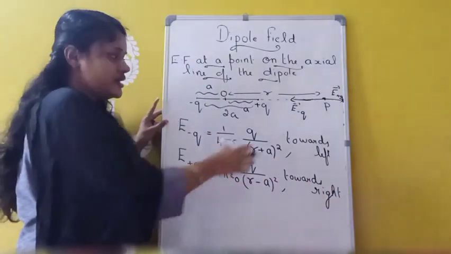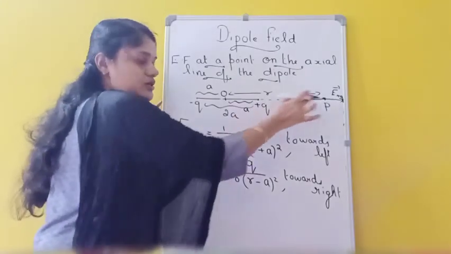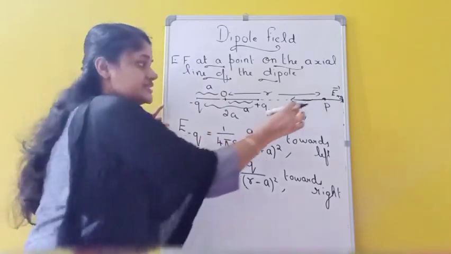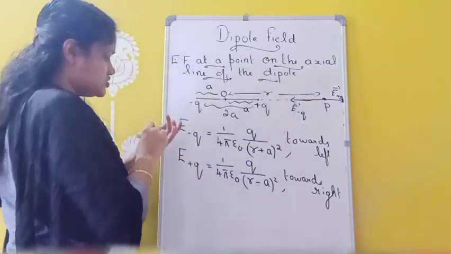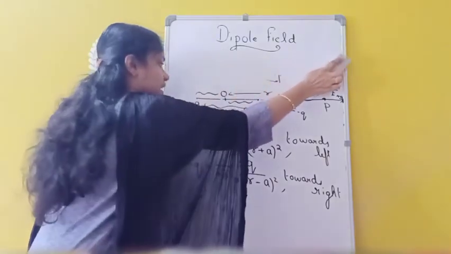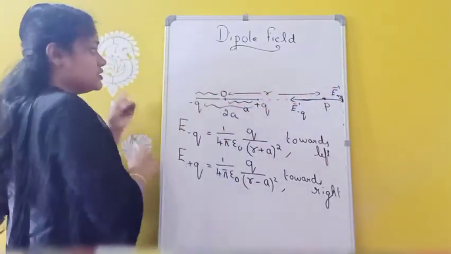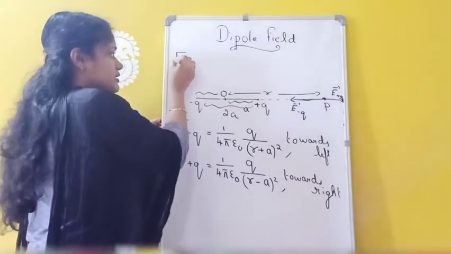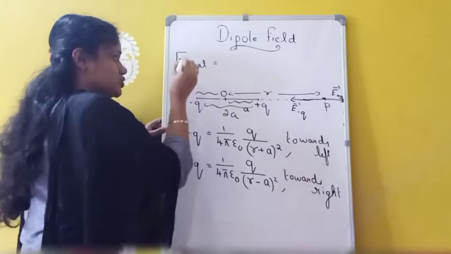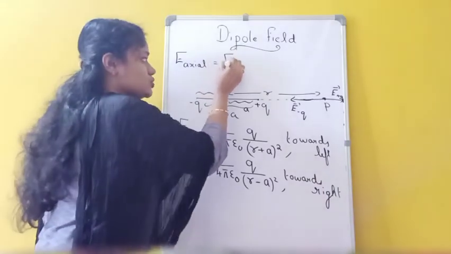So we found the electric field at this point P due to minus q charge as well as due to plus q charge. The next step is to find the net electric field acting at this point P. How will you find it? We have to add both the electric fields. So the net electric field along the axial line, E axial, is equal to E plus q and E minus q.